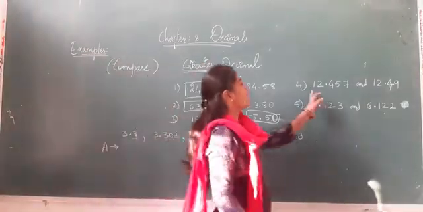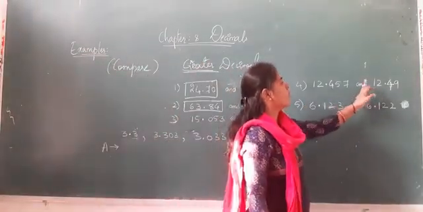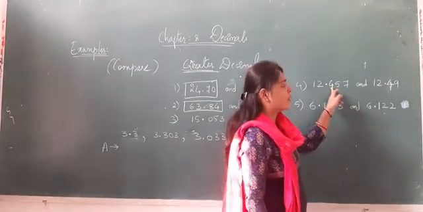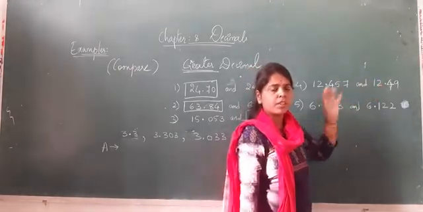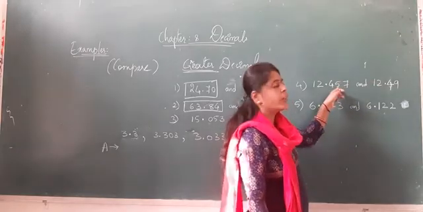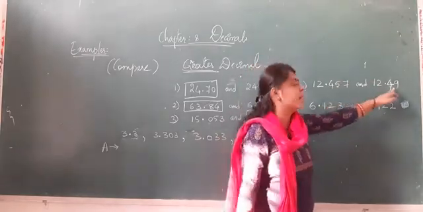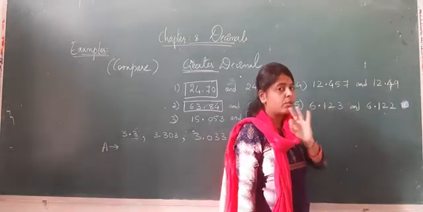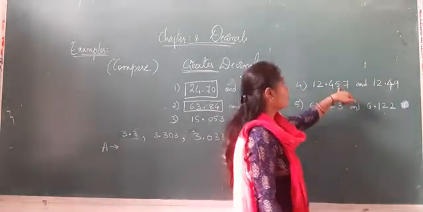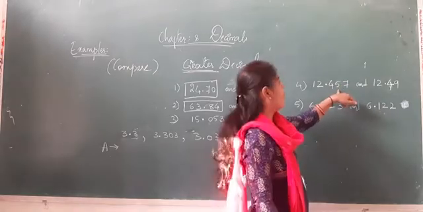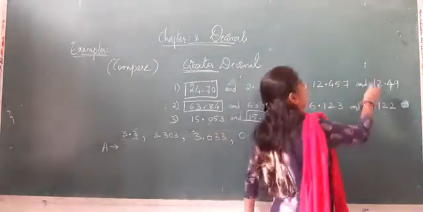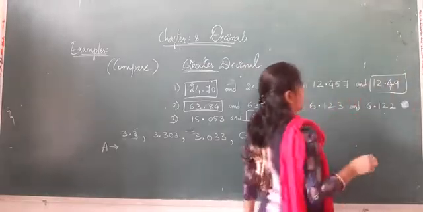Next, one more: 12.457 and 12.49. Which is greater? The first place value, 4, is equal in both. In the second place value we have a 5 and a 9. The third place we don't have, but don't worry about the third place. See the second place, 5 and 9. If you compare, 9 is greater. So 12.49 is greater.